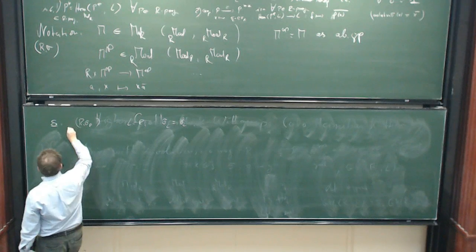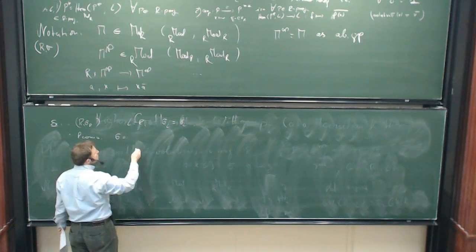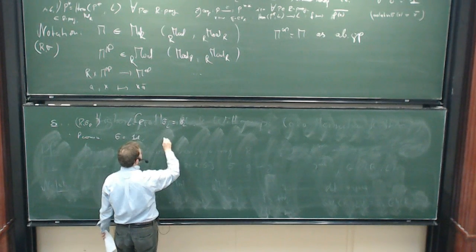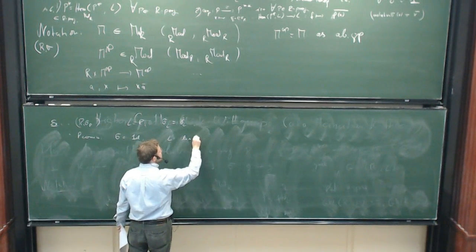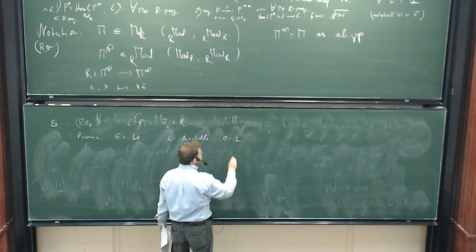But when R is commutative, you can also take sigma equal to the identity, and you can take L to be any line bundle, and for instance then sigma also the identity.